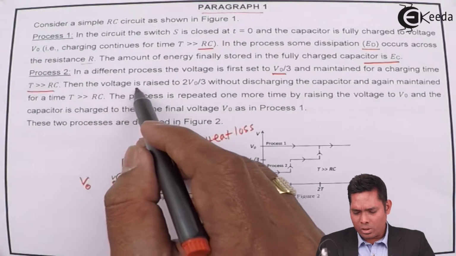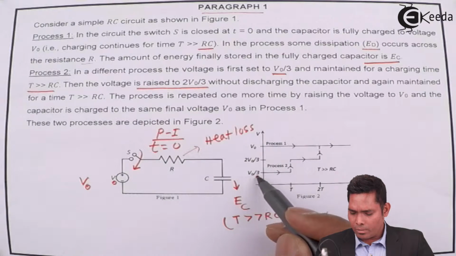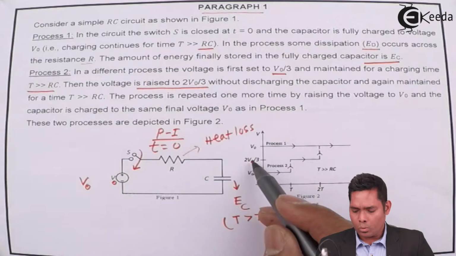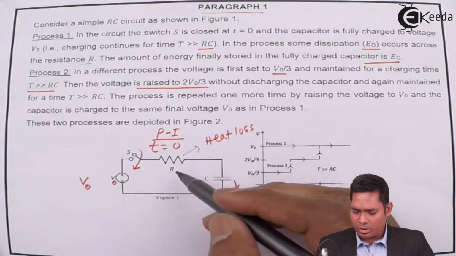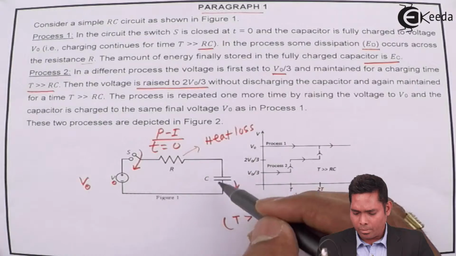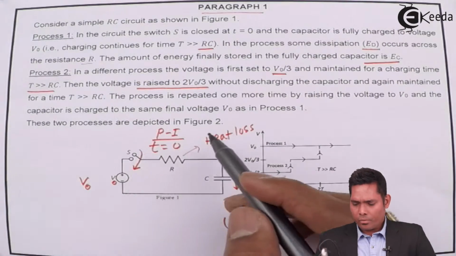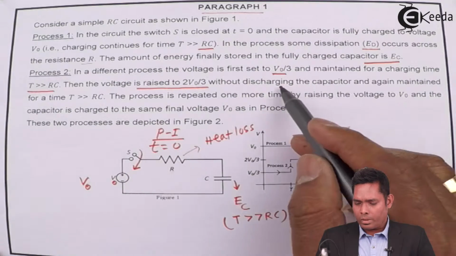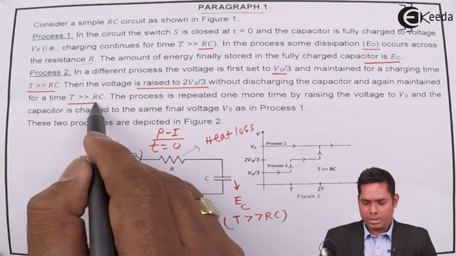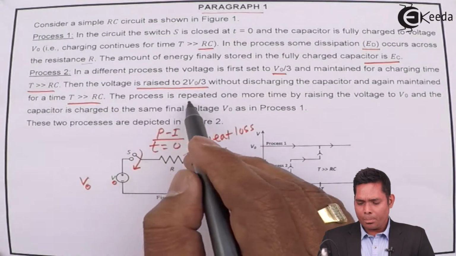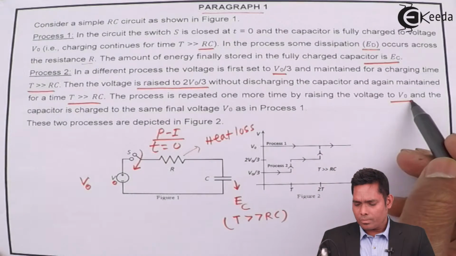Then the voltage is raised to 2V0 by 3. So initially it is V0 by 3, then 2V0 by 3. The voltage is upgraded without disconnecting, without discharging the capacitor, and again maintained for a time much greater than RC. The process is repeated one more time by raising the voltage to V0.